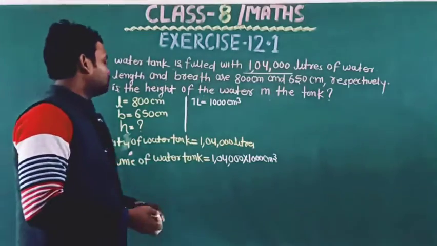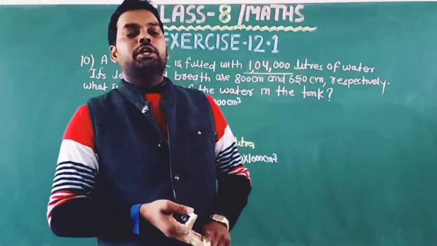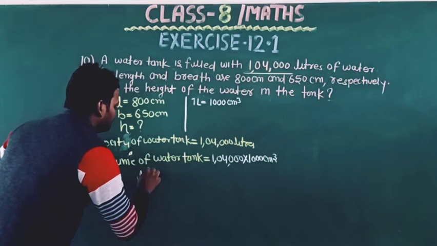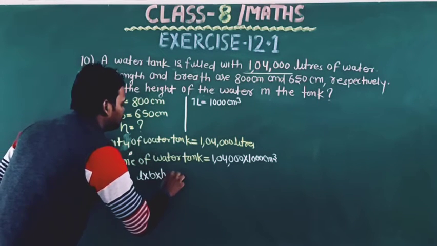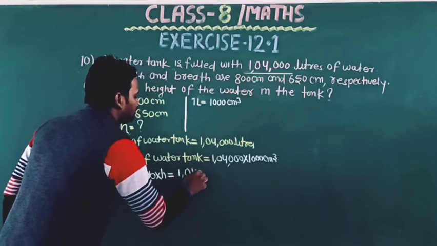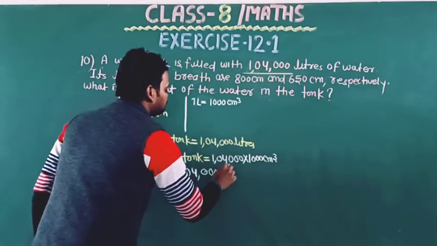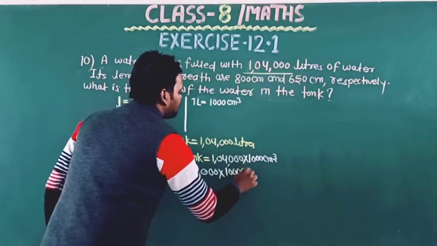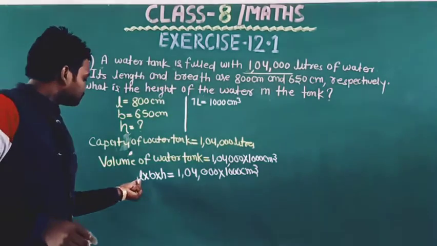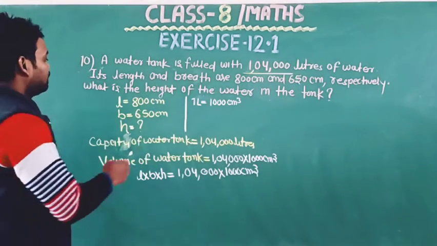And we also know the formula of the volume of cuboid: length into breadth into height equal to 1,04,000 into 1,000 centimeter cube.